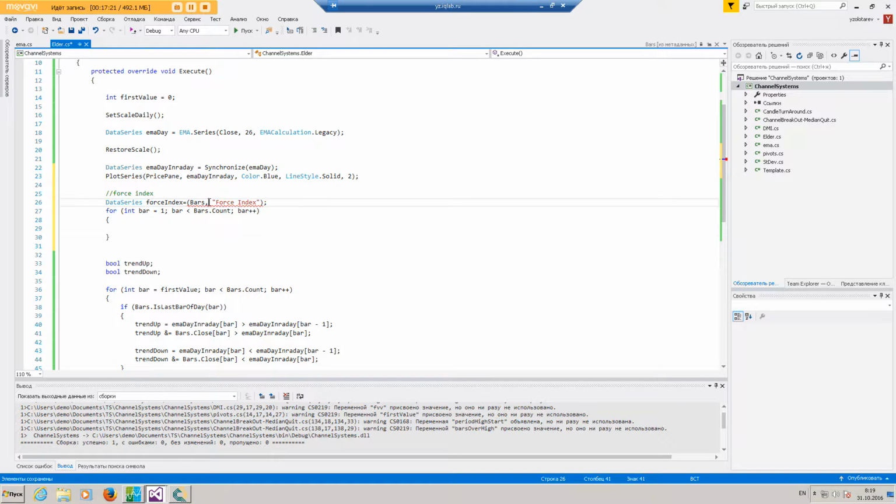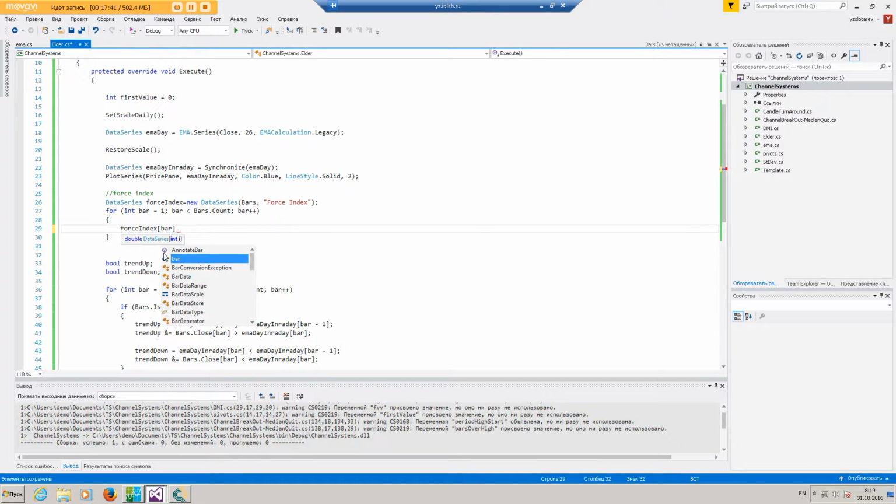Wonder what's wrong. Oh, of course. Okay. And now I'm gonna fill it, because I have to calculate it. So force index bar equals. What did it equal?